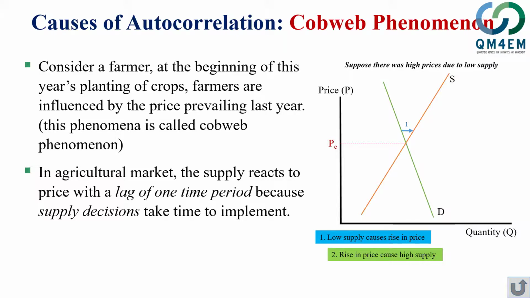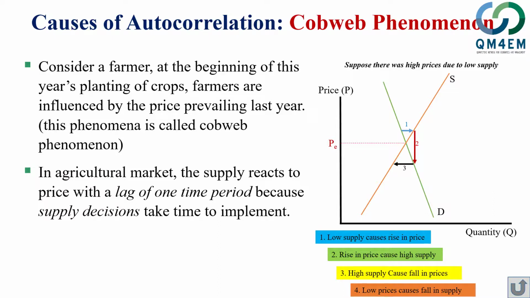But when they raise the supply in the next year, there is an excess supply, and high supply causes the prices to fall. When the prices fall, it causes low supply. So when low supply happens in the next period, again there will be shortage and there will be higher prices in the next period.